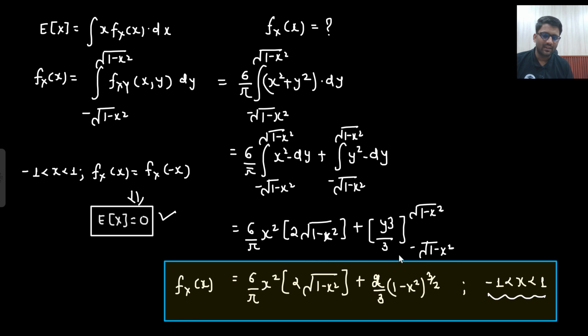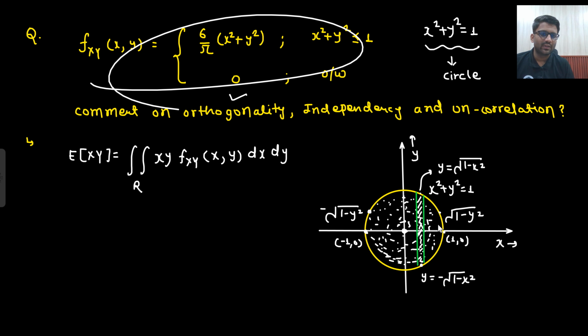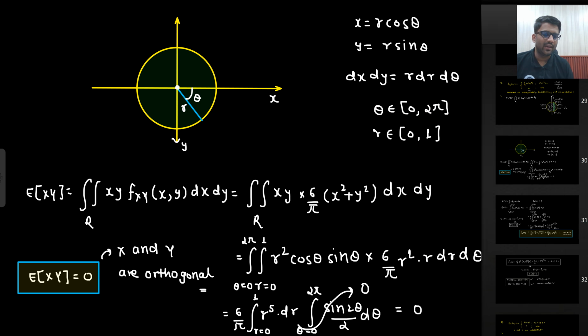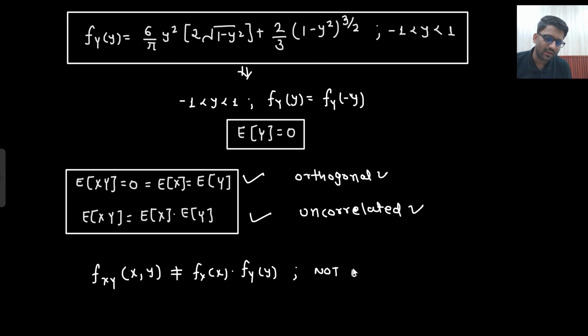Basically, if you multiply this particular thing with this particular thing, will it come out to be equal to this particular thing? Absolutely not. So if I go by the mathematics, these are not equal. That means not independent.